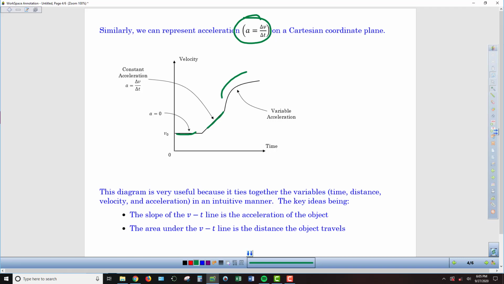So a diagram like this, as I said, is important because it connects all of the variables associated with a moving object. We've got time, we've got distance, we've got velocity, and we've got acceleration all covered. And we see it all in front of us in an intuitive manner. So the slope of the line, like I said, is going to be the acceleration of the object, and then the area underneath the curve is going to be the distance that the object has traveled during that window of time.